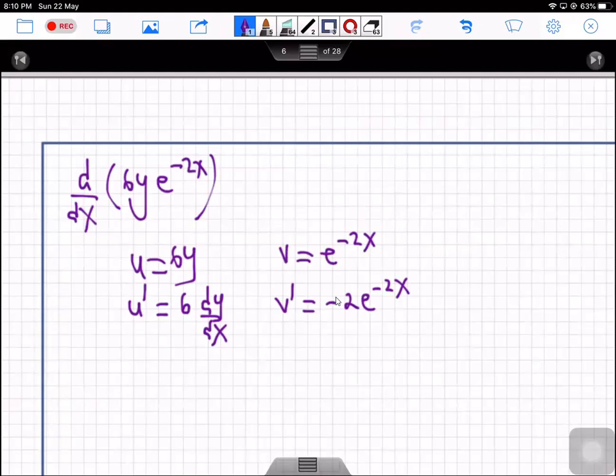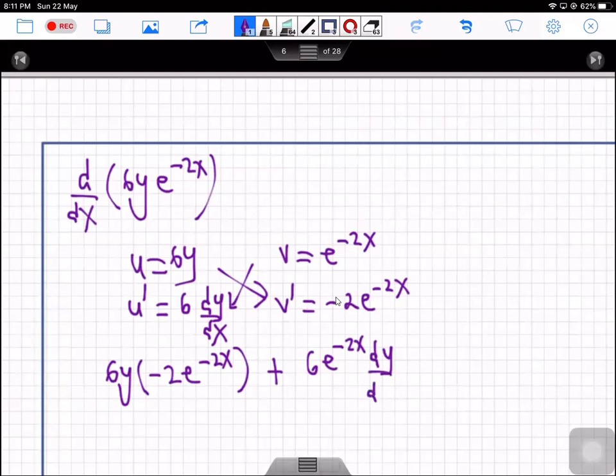When the equation is in the form of u times v, the derivative is uv' + vu' according to the product rule. So uv' + vu' will be 6y multiplied by -2 times e^(-2x), plus vu', which will be 6 times e^(-2x) multiplied by dy/dx.